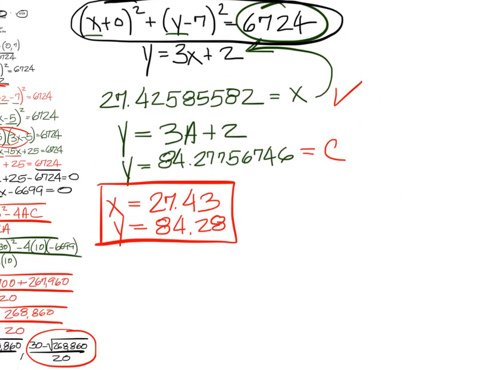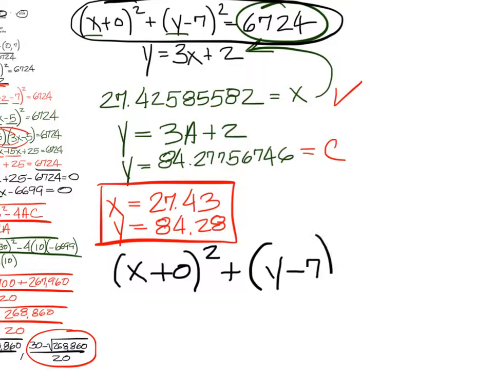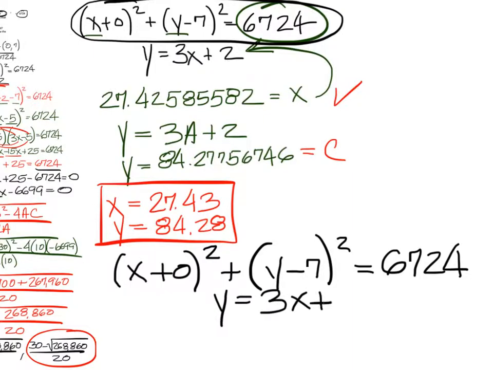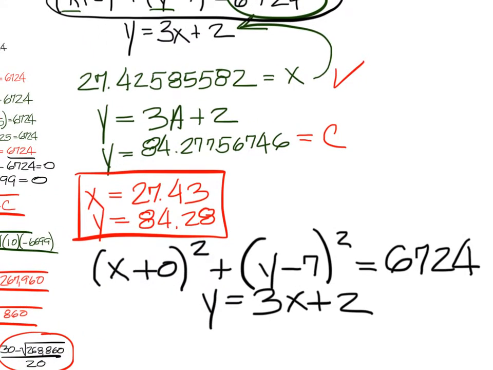Alright, so now we have to do the same thing again, except we have to use the other x value. What did we use for the other x value? What letter? B. So let's come here and do x plus 0 squared, and then plus y minus 7 squared equals 67.24. I'm just recopying so I can zoom out the rest of this and just have a clean screen to look at.